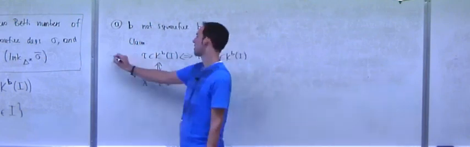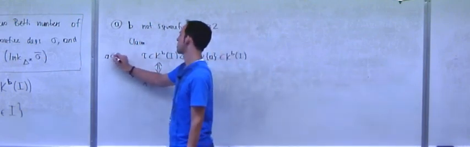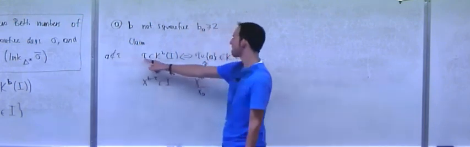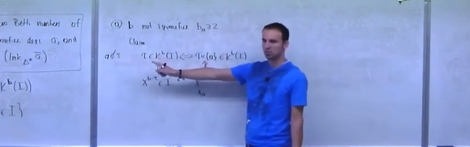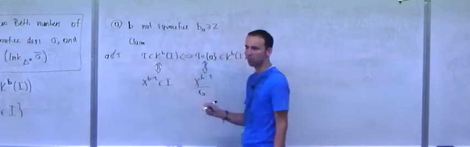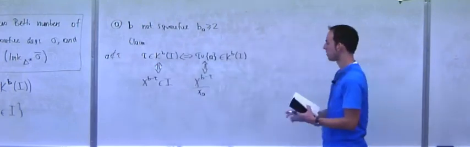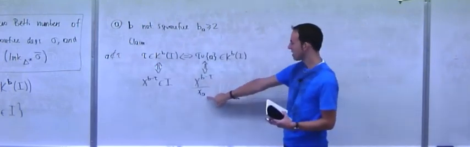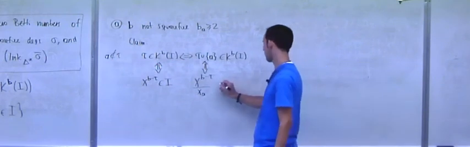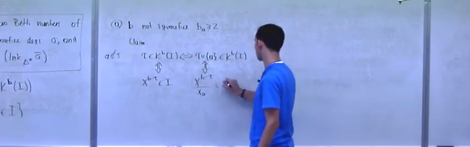Let's say that a is not in tau, because of course, if a is in tau, then this is an empty statement. So it's only interesting if a is not in tau. Okay. So I took out tau, and then I took out a, and I get this. Okay.